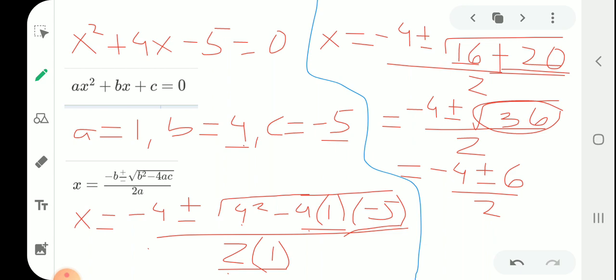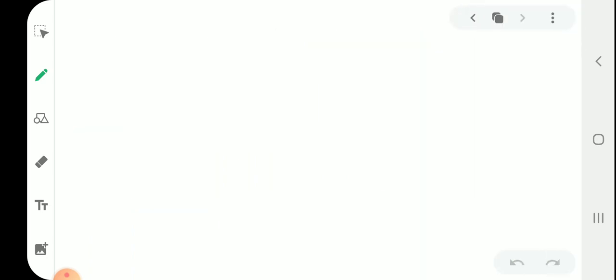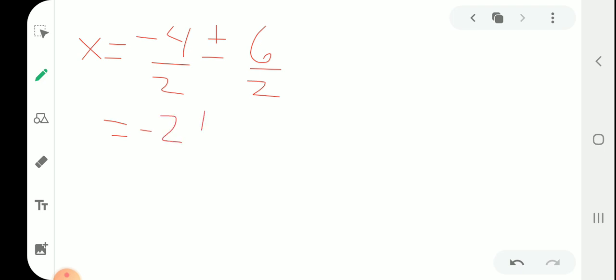So let's continue on this side. We now have x equal to negative 4 plus and minus 6. Remember, we have to divide both of them by 2. So we have negative 4 over 2, that would be negative 2, plus and minus 6 over 2, that would be 3.